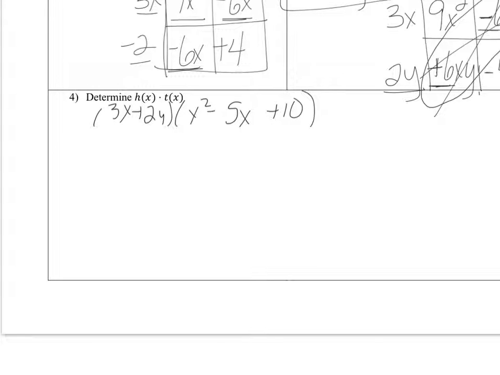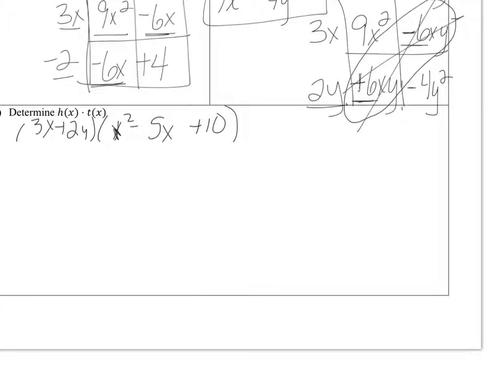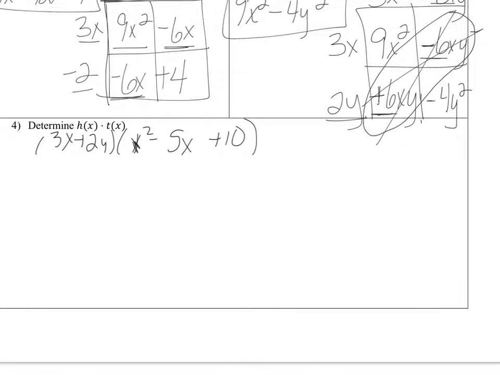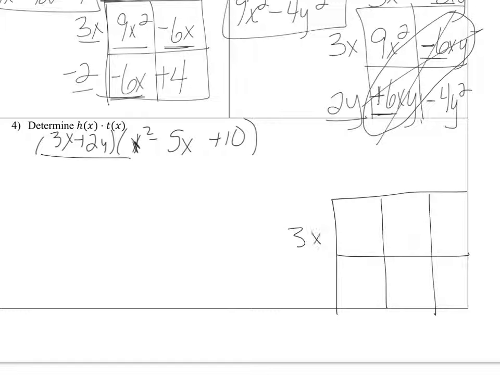And then all we do is we multiply these. But if you use that tabular method, it's as simple as what we just did yesterday. So you have a binomial times the trinomial. This one is 3x and 2y. This one on top is x squared minus 5x plus 10.